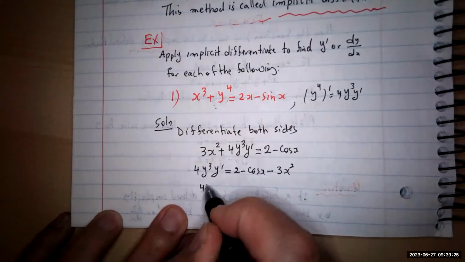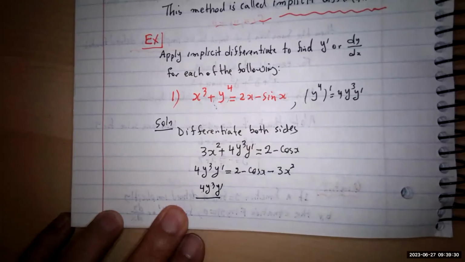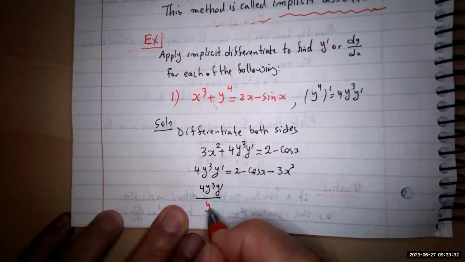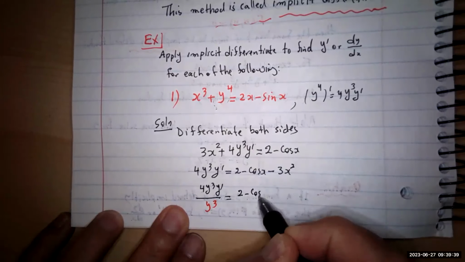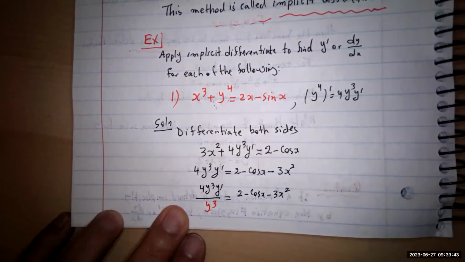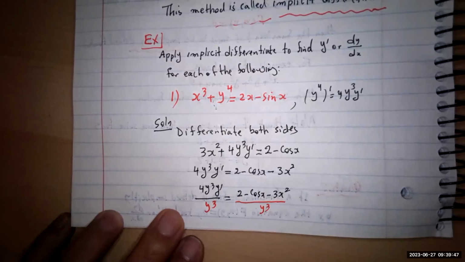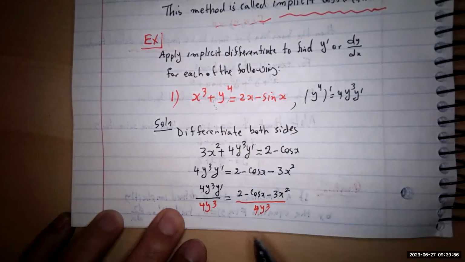So we have 4y cubed times y prime, and you divide by 4y cubed. You can do it right away. It's going to be 2 minus cosine of x minus 3x squared, everything divided by 4y cubed.